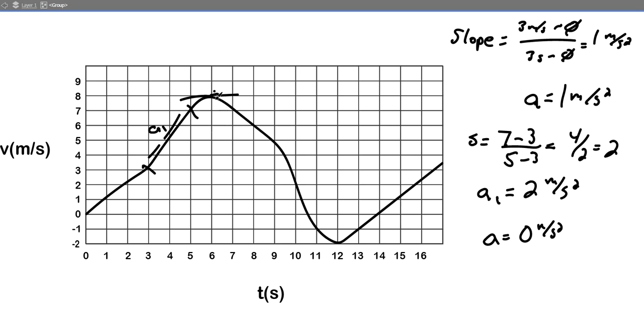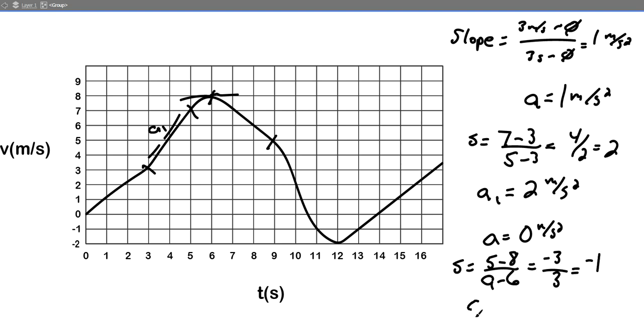Now here's a good sciencey thing for you. From this point to this point, what happened? Well, our slope is our rise, 5 minus our beginning rise of 8, over our run of 9 minus our beginning run of 6. 5 minus 8 is negative 3, over 9 minus 6 is 3, or a slope of negative 1.